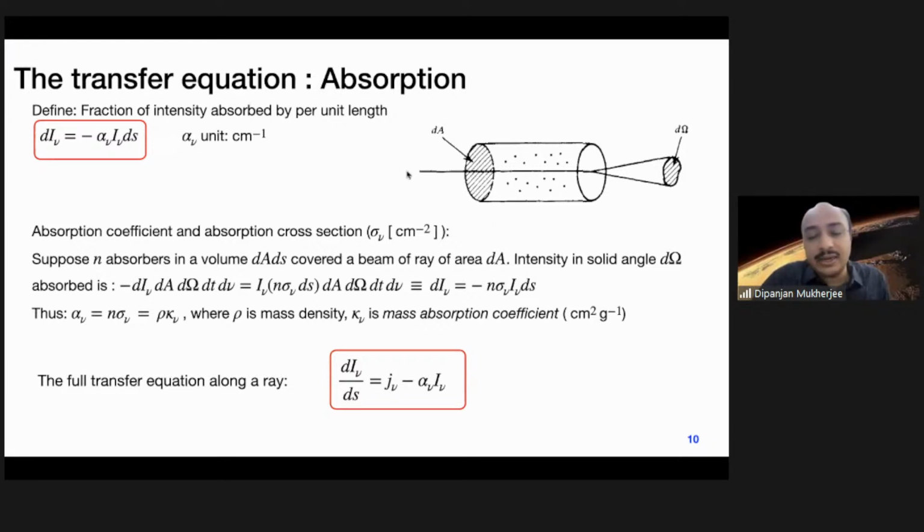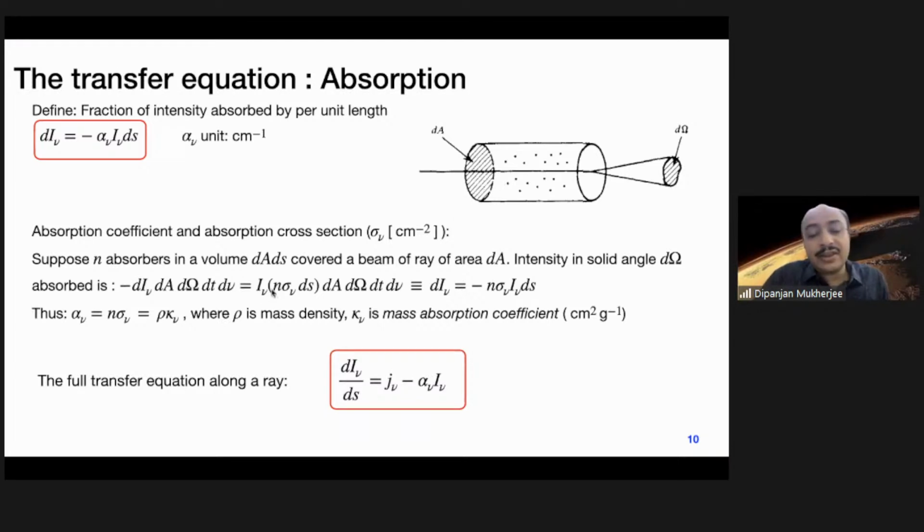So if the incoming intensity was I nu, the outgoing intensity would be I nu prime, and I'm talking about the change in intensity due to this absorption process. So it is d I nu times dA d omega dt d nu, which is again the basic definition of the energy. So essentially what we're trying to see is the amount of energy absorbed.